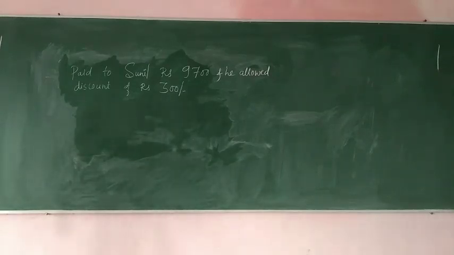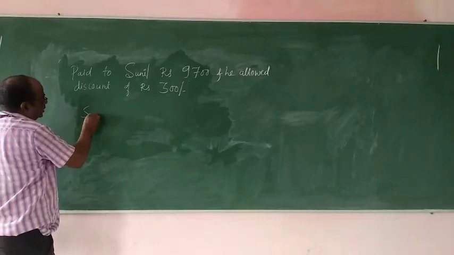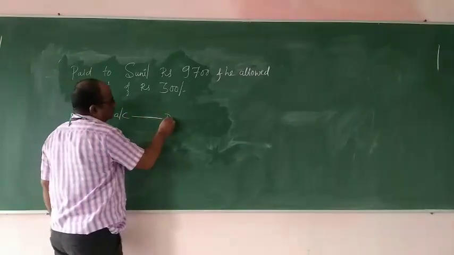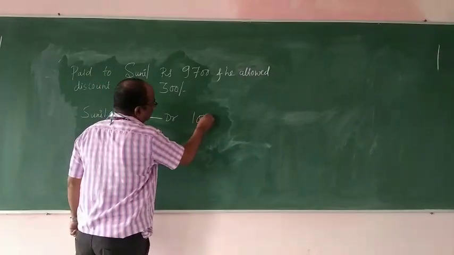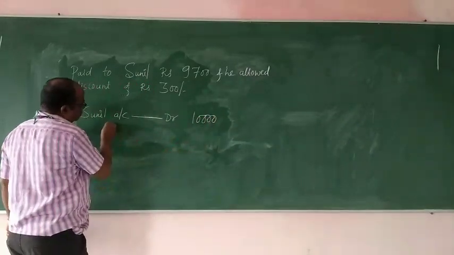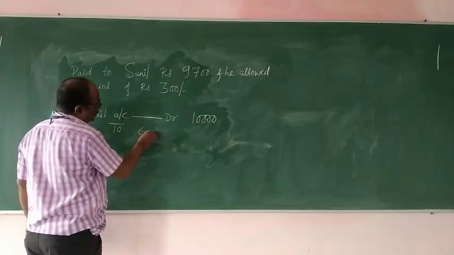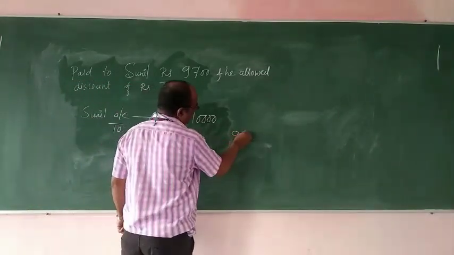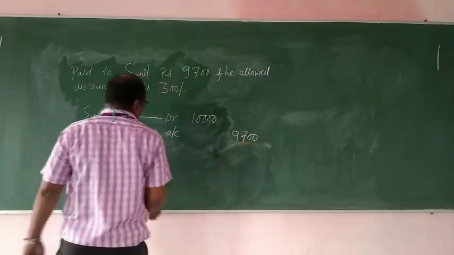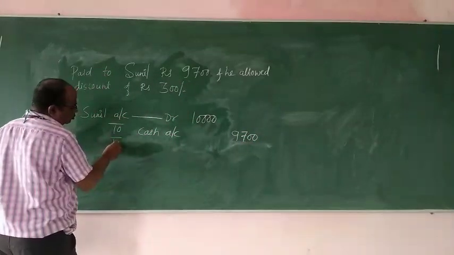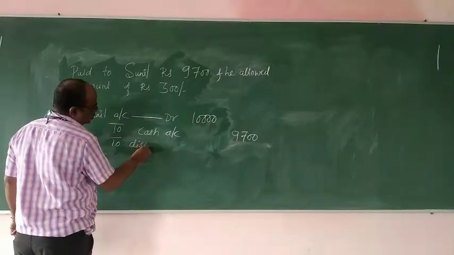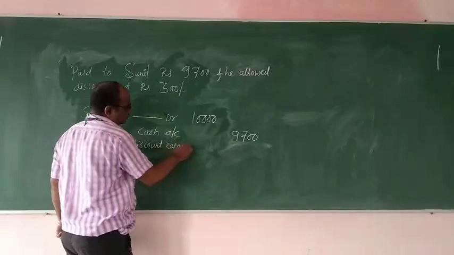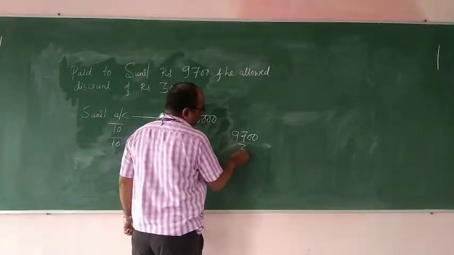So here what happens? Sunil account will be debited. Sunil account debit how much? You are supposed to give how much? 10,000. To cash, how much you are paying? 9,700. So to discount earned 300.